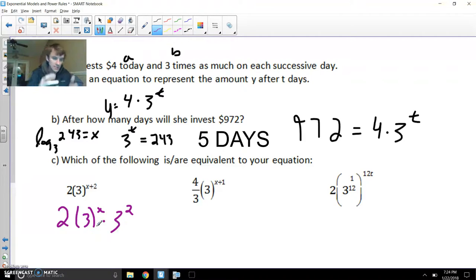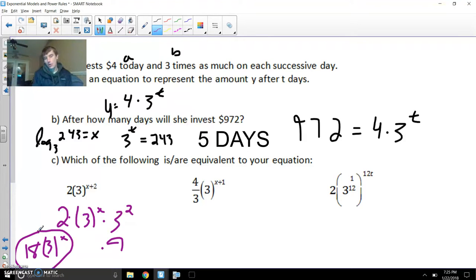So you could move backward and say that was originally 3 to the x times 3 squared. Well, 3 squared is really 9, and it's multiplying against anything that it can hit, including that 2 there. So that's actually giving us 18 times 3 to the x. Okay, that is our equation.